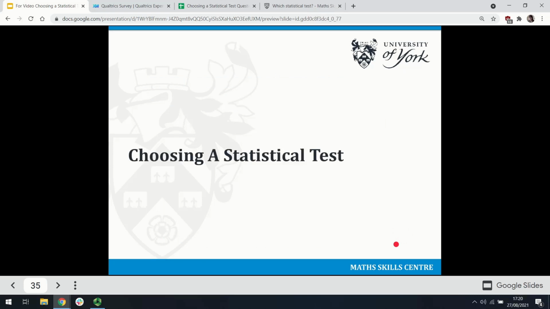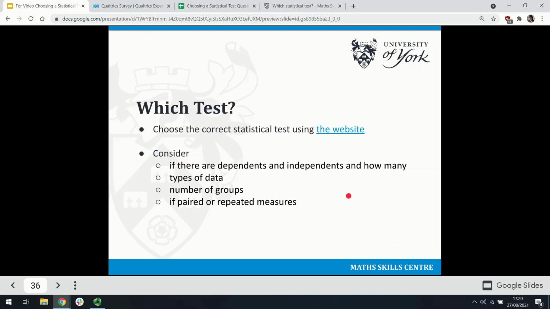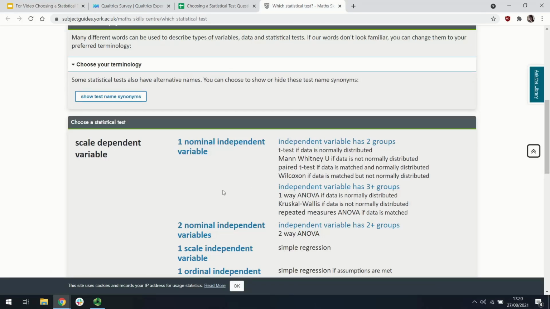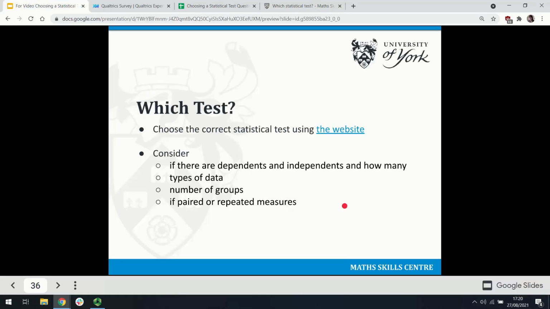Right, we're ready to actually choose a statistical test now. We're going to use this statistical test chooser, but you can use other ones that you've maybe used in the past and are a bit more familiar with if you want. What we need to consider when we're using this are the things we've just talked about.